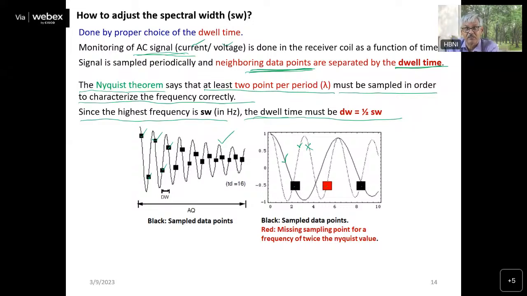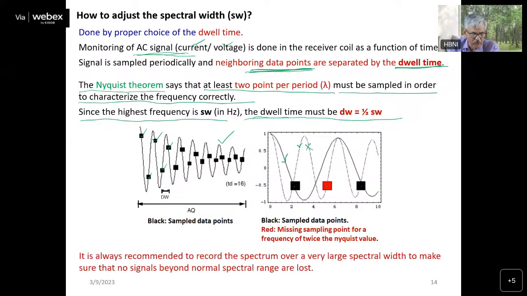So once you fix the spectral width, the machine automatically fixes its dwell time, or if you fix the dwell time, it will fix the spectral width. You cannot make them separate. That's why it is always recommended to record the spectrum over a large spectral width to make sure that no signals beyond the normal spectral range are lost.